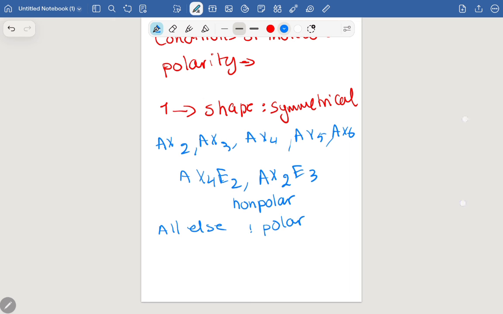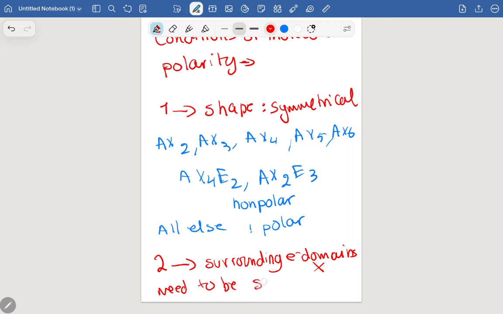Now, the second condition is the most important condition in my opinion, and that is the surrounding electron domains, which is mainly X for sure, need to be the same element. Why? Because different elements each have their own electronegativity, so each has a different pull on the electron.